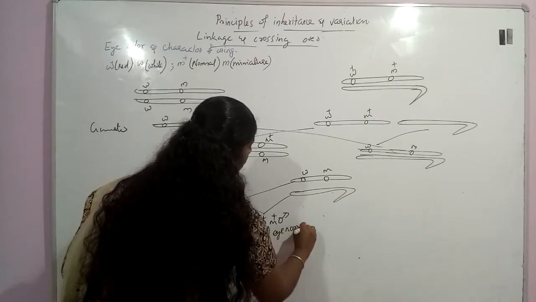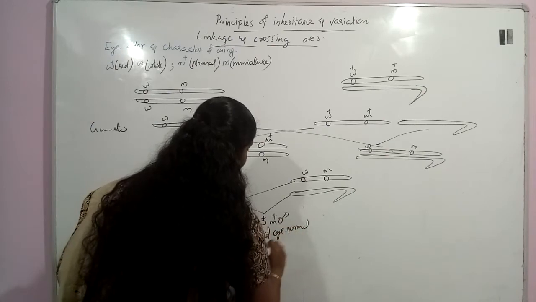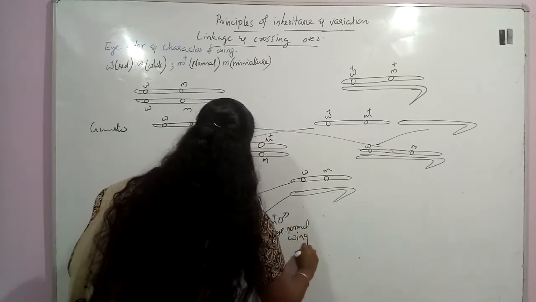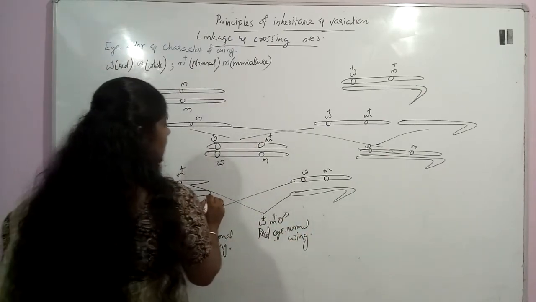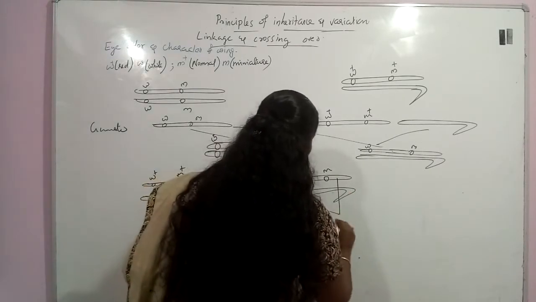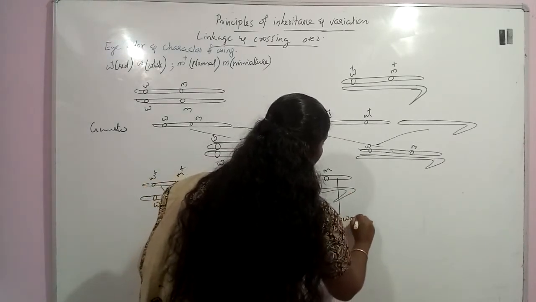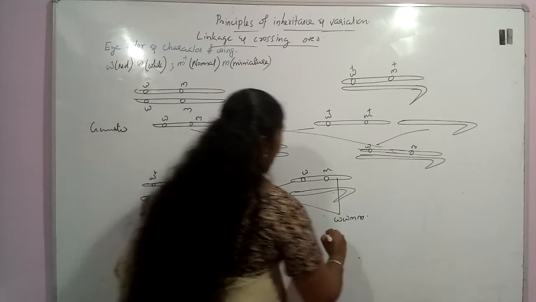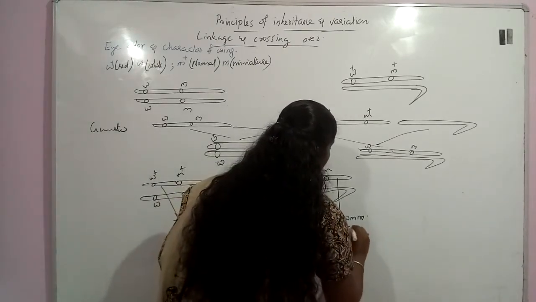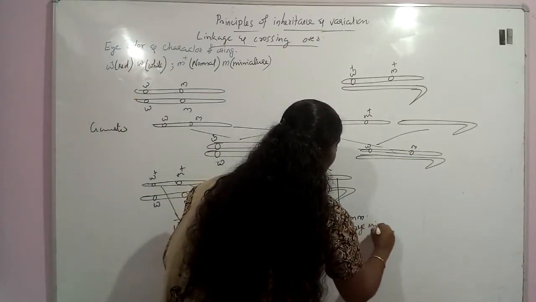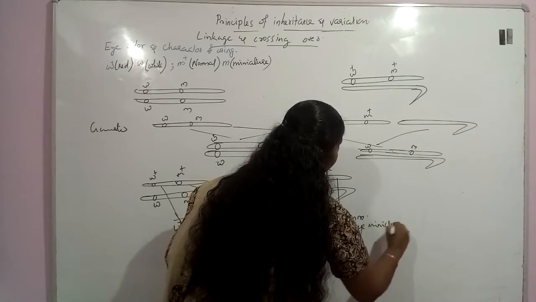Next, if the WM X chromosome joins with this one, it forms WWMM, white eye miniature wing.